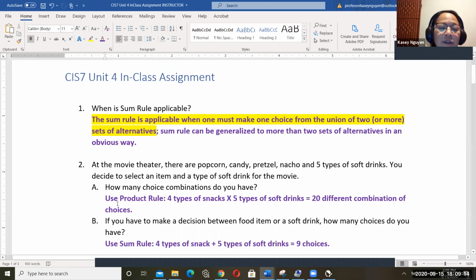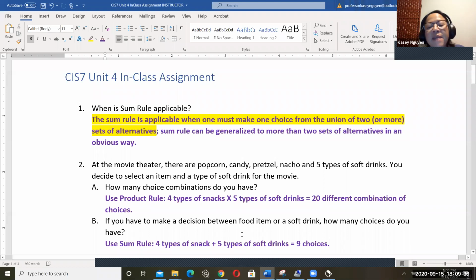So for number 2, for A, we would use the product rule. Now let's say that you only have money to buy one thing, either something to eat or something to drink. Then you would have a sum rule apply, okay?